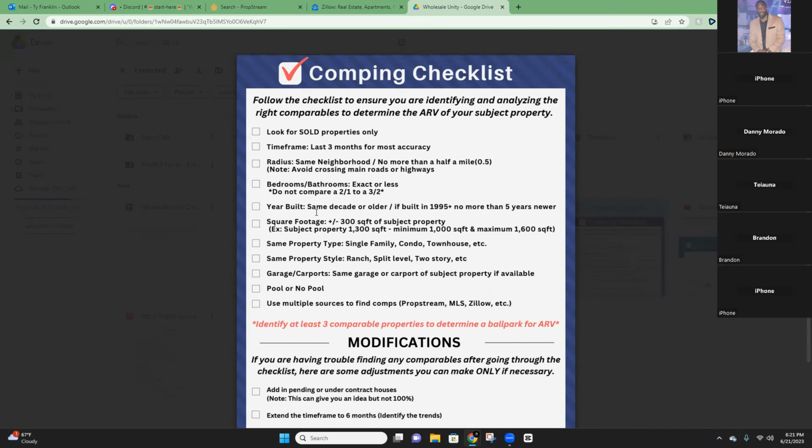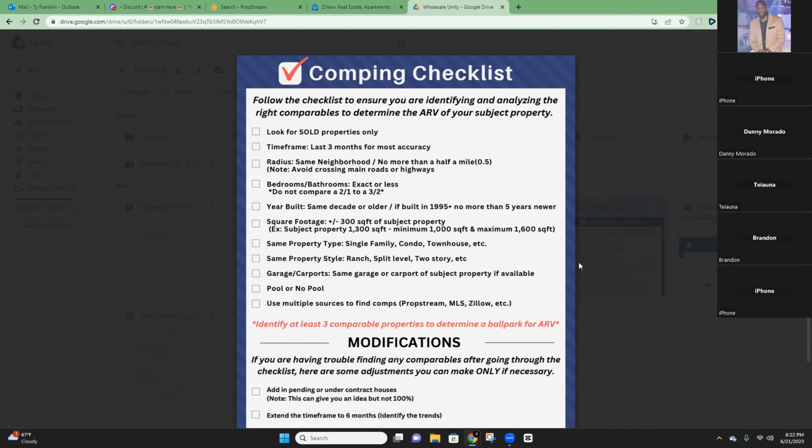Now, the next thing, the year built. Year built, very important. Me personally, I would like to stay in the same decade. So if the property is built in 1965, I would like to look at properties that were built from 1960 to 1969, within that 10-year period, for the best accuracy. Now, you can go older, obviously, but when you go older, you start getting into some historical houses sometimes, right?